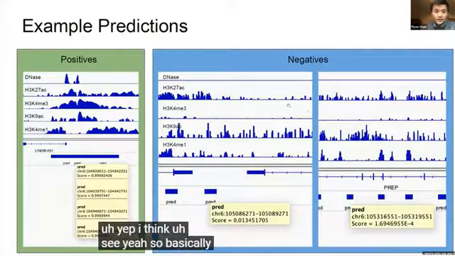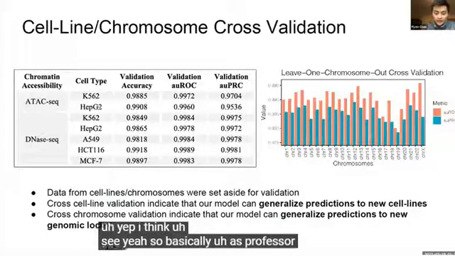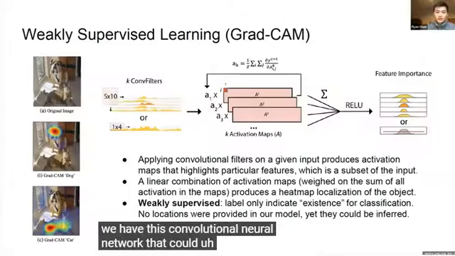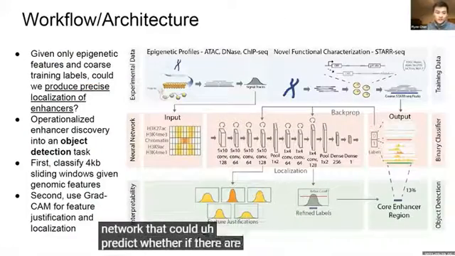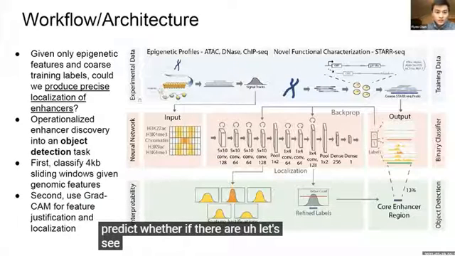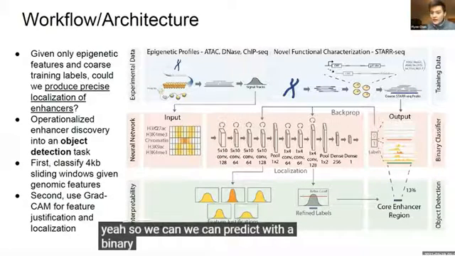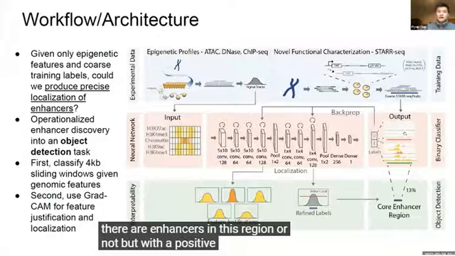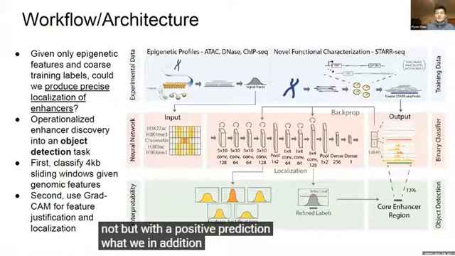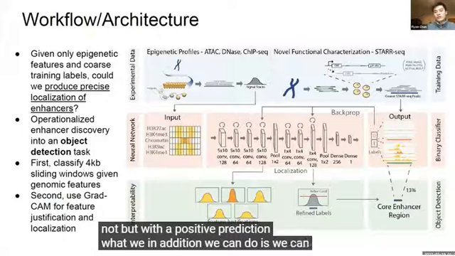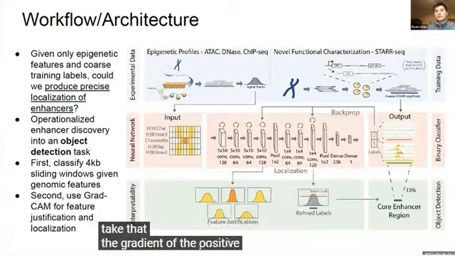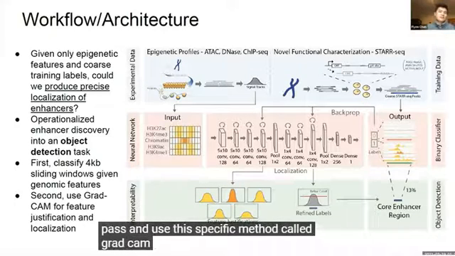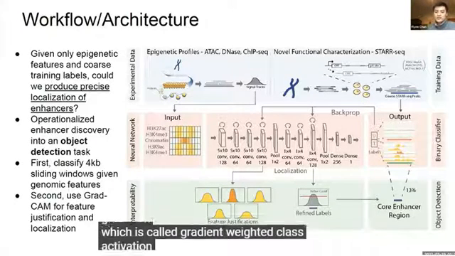So basically, as Professor said, we have this convolutional neural network that can predict, with a binary classification, whether there are enhancers in this region or not. With a positive prediction, we can in addition take the gradient of the positive forward pass and use this specific method called GradCAM, which is gradient weighted class activation mapping.